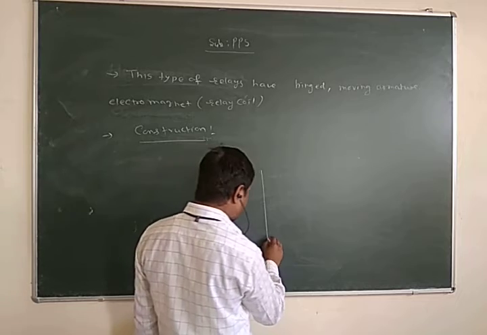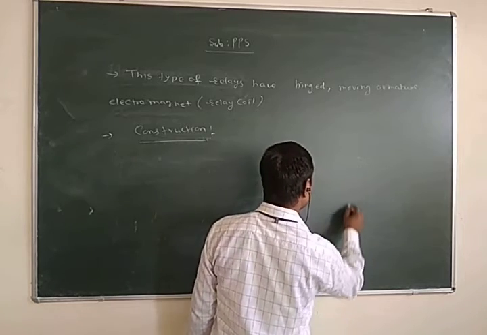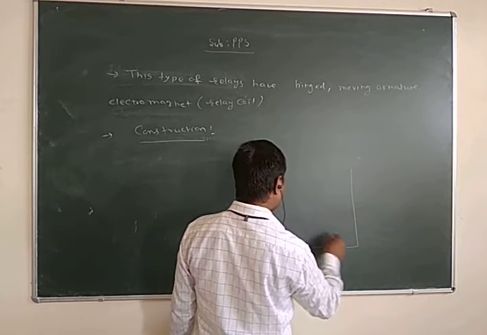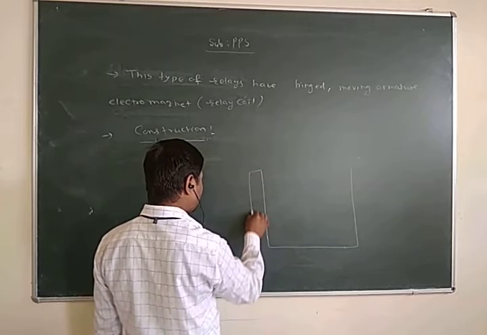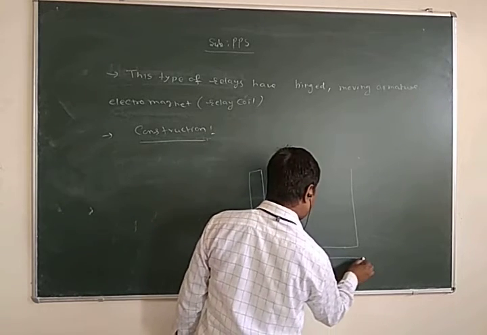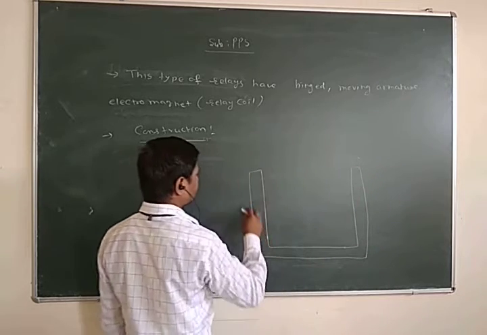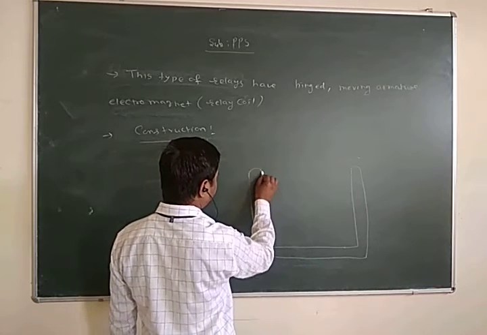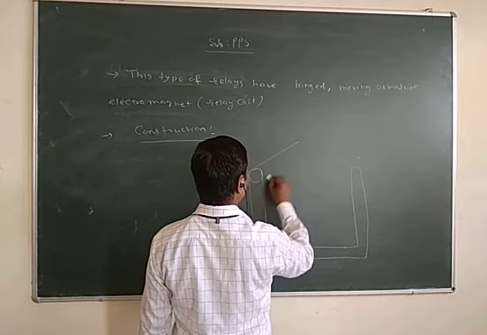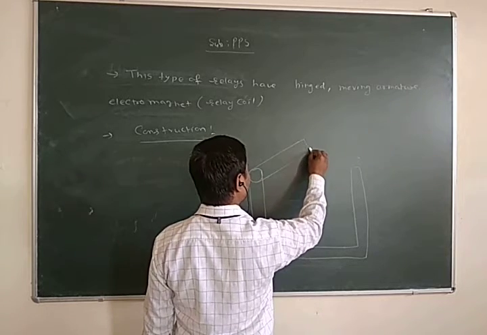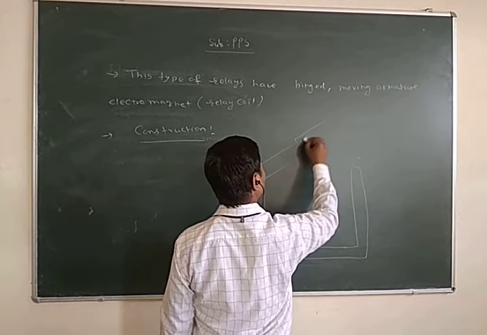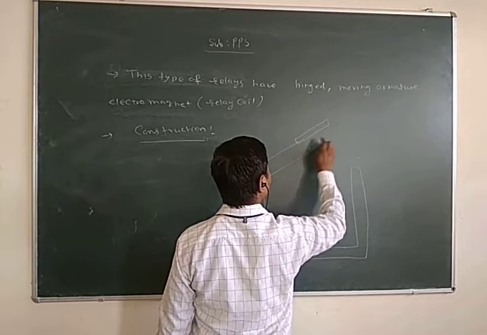In the construction of this relay, it consists of an electromagnetic part, hinged moving armature and metallic contacts.